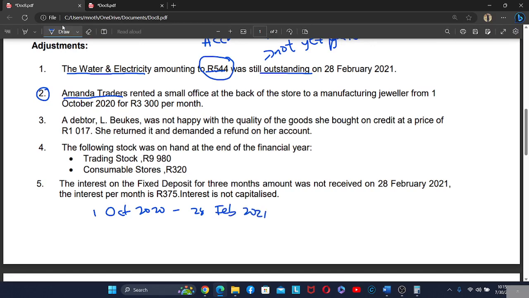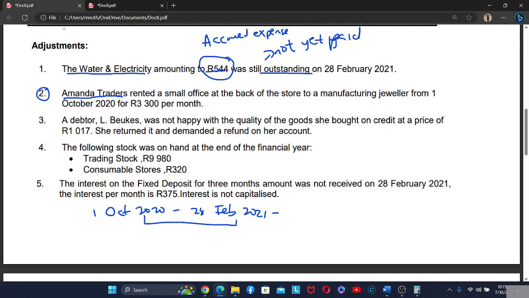So this means that the rent income, because this is a small office rented out by us as a business to a jewelry manufacturer, means that we will be receiving a rent income. How much is it per month? It is 3,300. So the rent income that you are going to receive is for 5 months, because we started renting out this small office from the 1st of October.